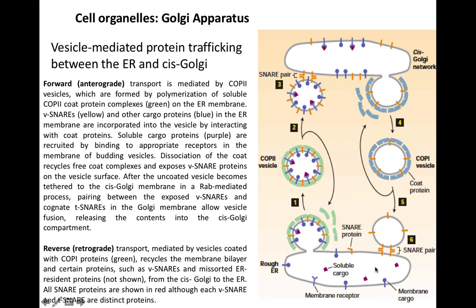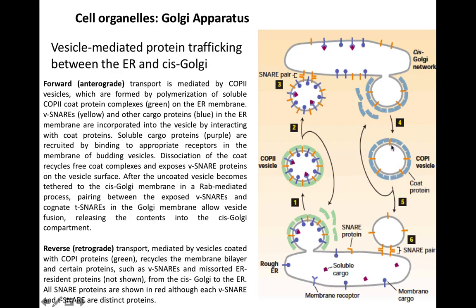So this backward movement also takes place in the form of vesicles, but this time these vesicles are coated with another type of protein, what we call COP1 proteins. This is the reason these vesicles are also known as COP1 vesicles.